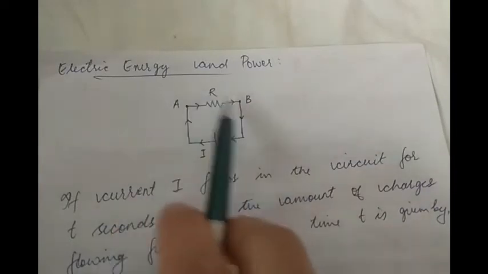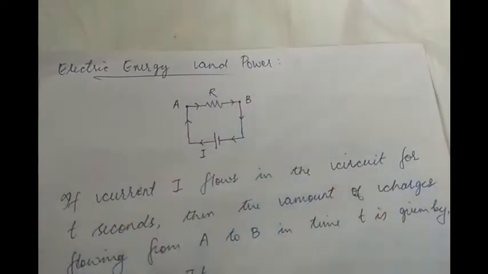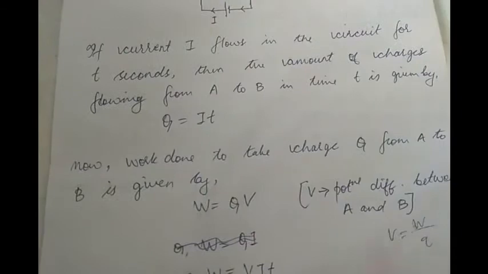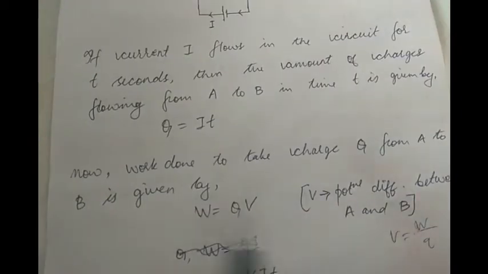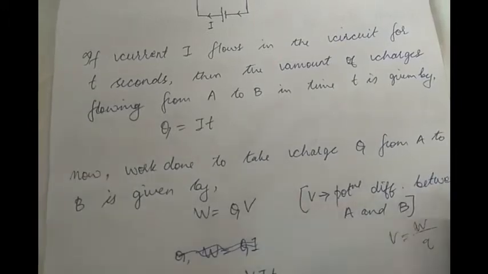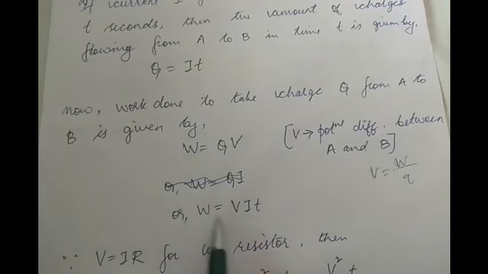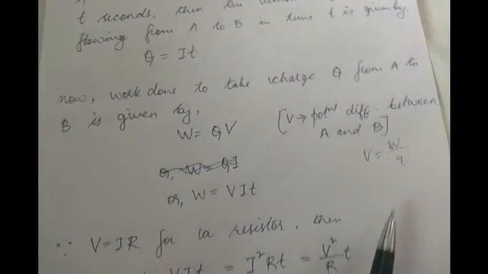The potential difference between the two ends of the resistor R is V. So the work done to move charge Q from point A to B is given by Q into V, where V is the potential difference between points A and B. Substituting the value of Q, we get W is VIt. Work is VIt.